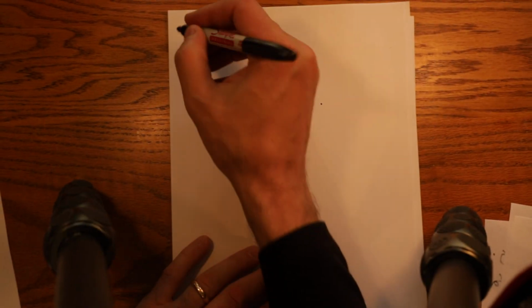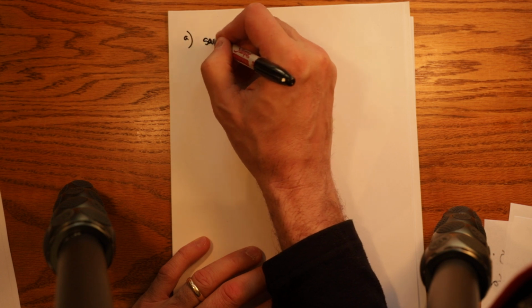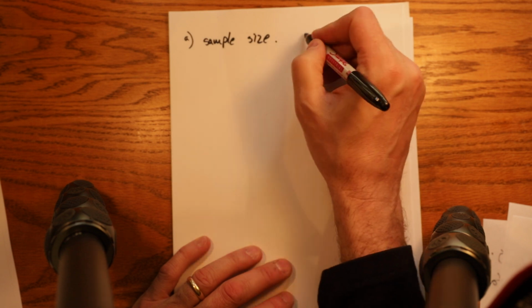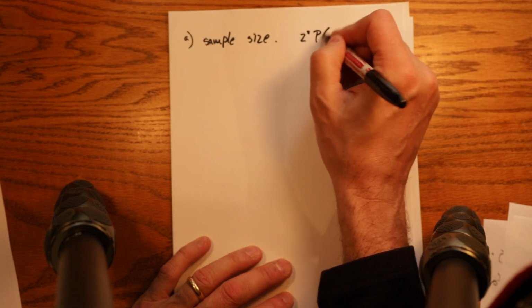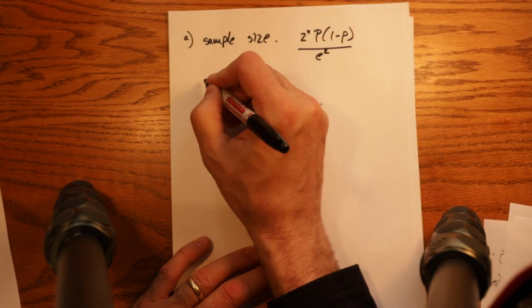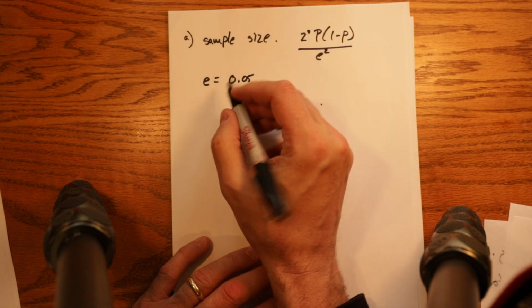I'm going to zoom back out again. So, part A is sample size. We're doing it for allowance factor. So, Z squared P (1 minus P) over E squared. E is equal to 0.05 as we saw in the question.